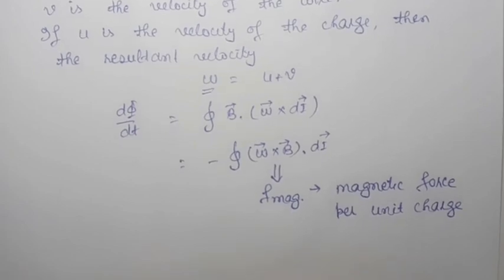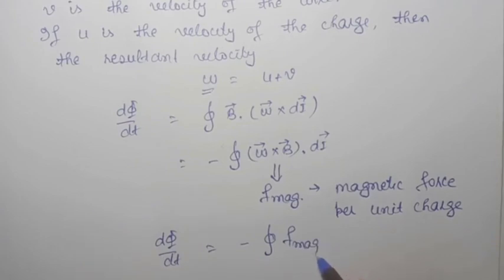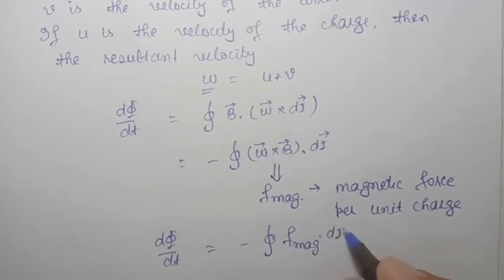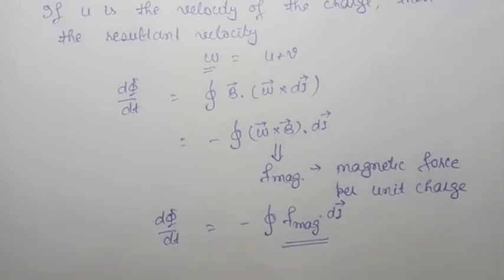So finally we can write d phi by dt is equal to minus the integral of f magnetic dot dl, and this is equal to EMF.